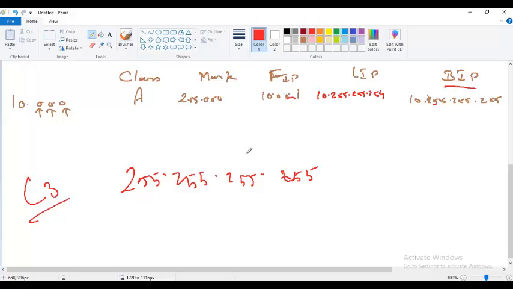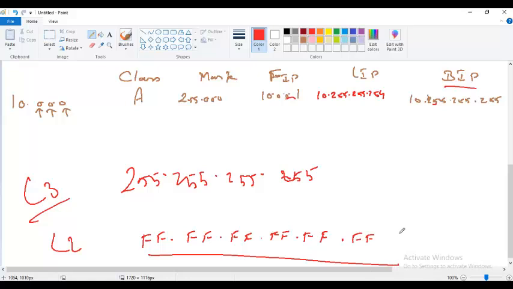Now, you know what is layer 2 broadcast address? This is layer 2 broadcast address. In hexadecimal, F is the biggest number, right? Actually MAC address is 48 bits. When all 48 bits are on, you get this FFFF.FFFF.FFFF. This is the layer 2 broadcast address. And what you see above is the layer 3 broadcast address. Clear?